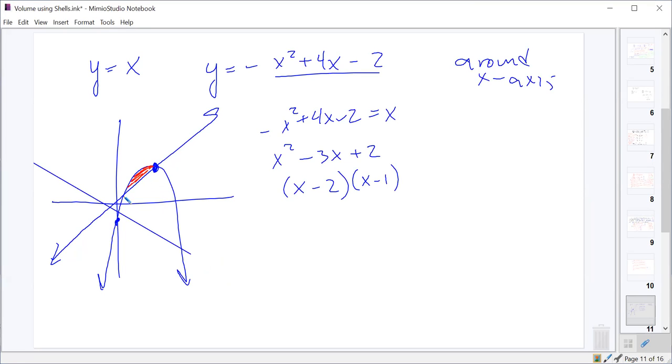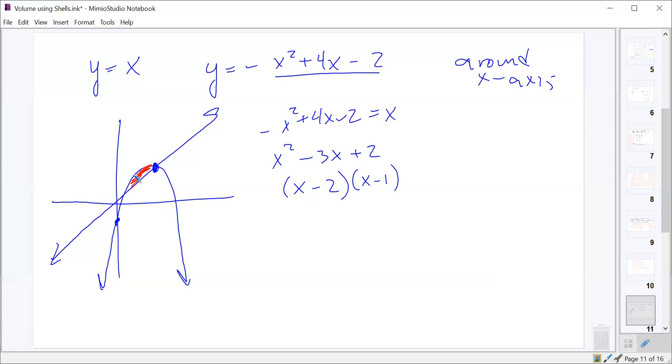Everybody good with the sketch of the graph and the region? All right, we're going to take that and revolve it around the x-axis.